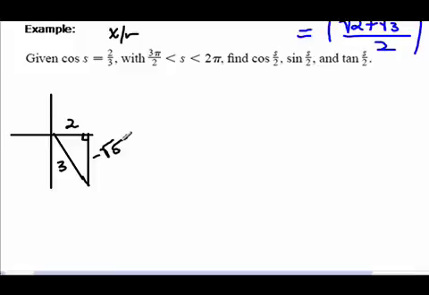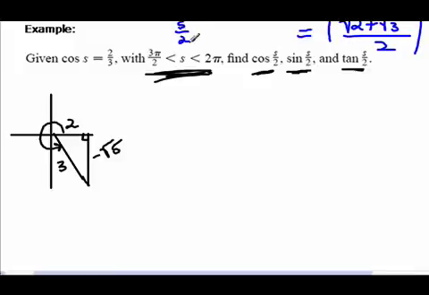Now you guys all know that these 3 formulas have plus or minuses out in front of them, right? How do you know which one to pick? Yeah, I know that S is in quadrant 4. But how do I know where S over 2 is? So take this inequality right here and divide all 3 spots or locations by 2. Divide everything by 2. Do you see how that gives us an S over 2 in the middle?